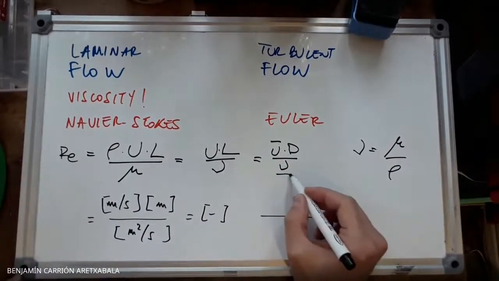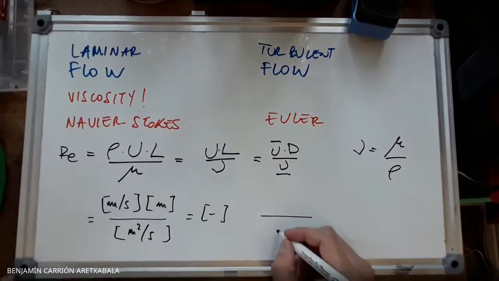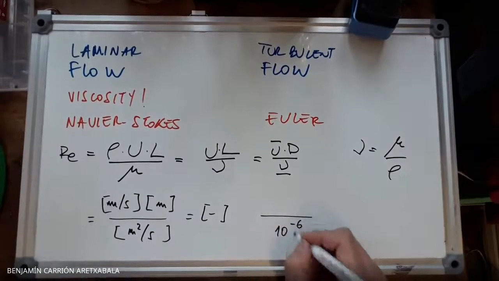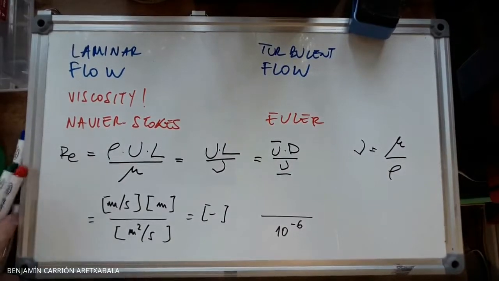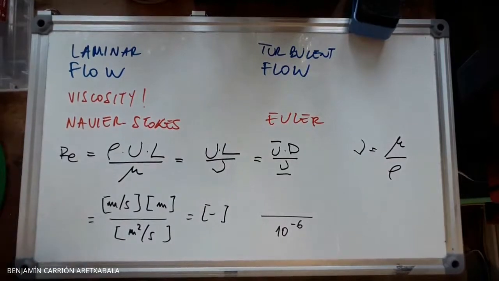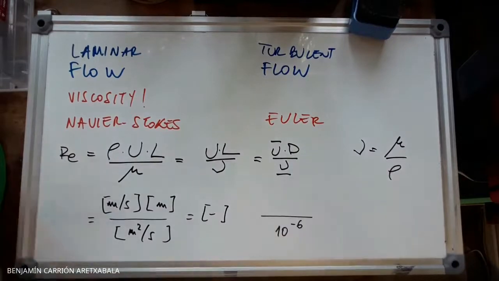Now let's make an educated guess of a typical value of the Reynolds number. Do you know the value of nu? You can Google it if you don't. The kinematic viscosity of water is in the order of 10 to the minus 6. And the velocity that we were just seeing, what do you think it was? A meter per second?